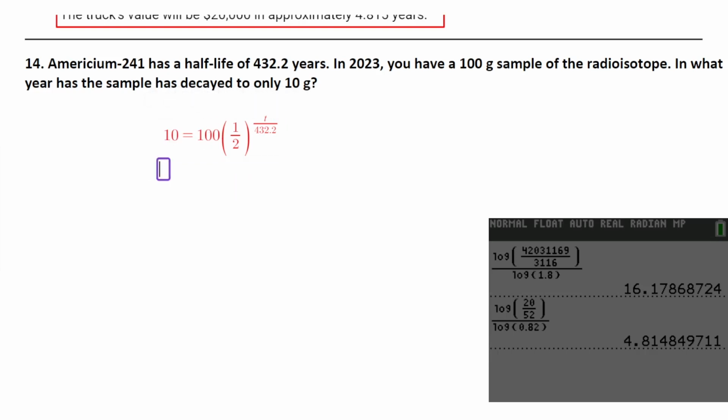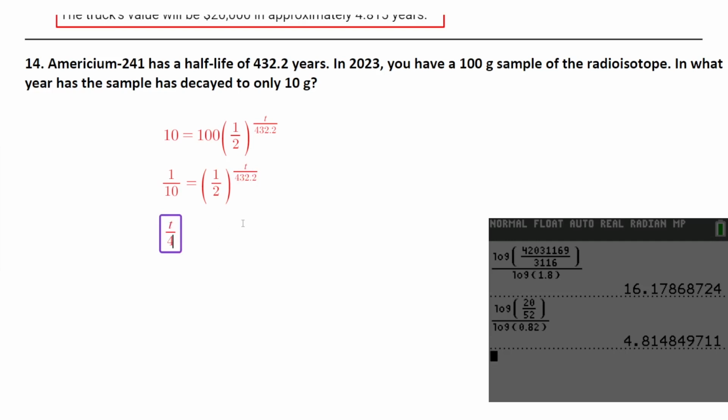So we're going to divide both sides by 100. 10 over 100, which would be 1/10, or 0.1, equals 1/2 to the power of t over 432.2. And so now we can rewrite this as a logarithm.